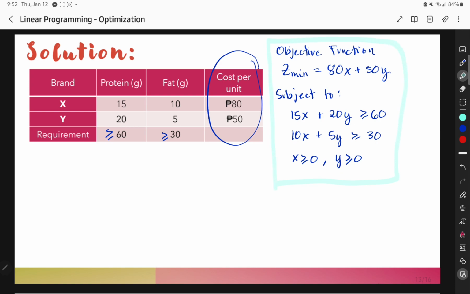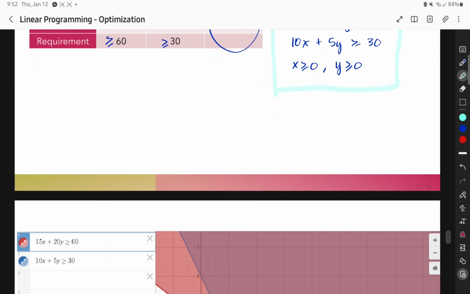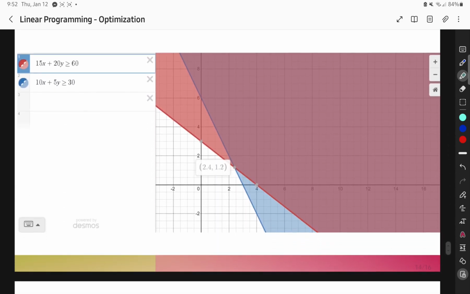Again, if you are asked to find the linear programming model of the problem, that is your answer. Okay? But if you are asked to solve, now given the graph, you have to determine the feasible region and the corner points. So in this case, our feasible region, after inputting our constraints, is in quadrant 1.